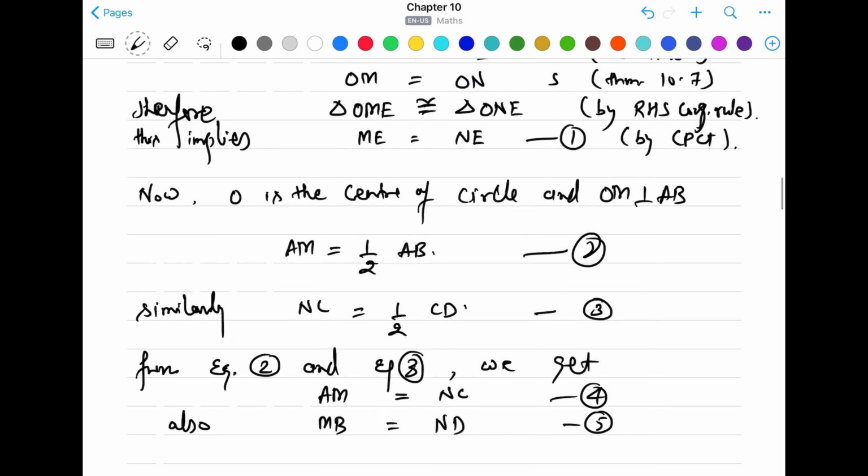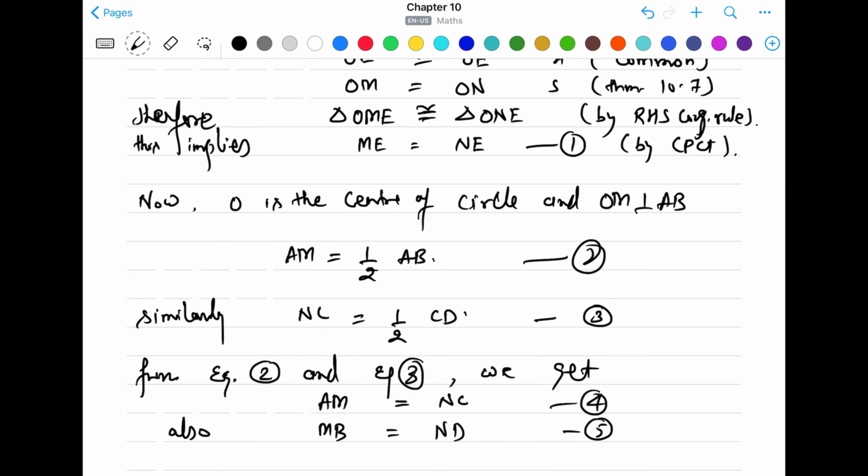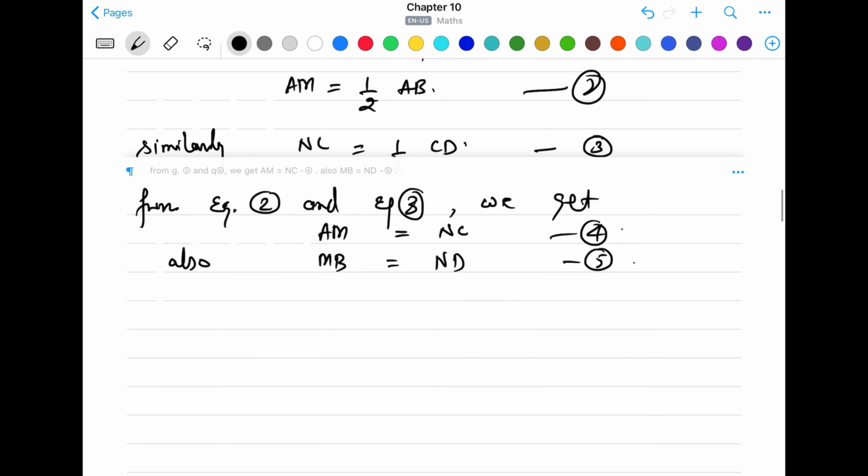equal. Now simply what we're going to do is we will add equation 1 to equation 4 and we'll subtract equation 1 from equation 5. We will get the corresponding parts of the chords.